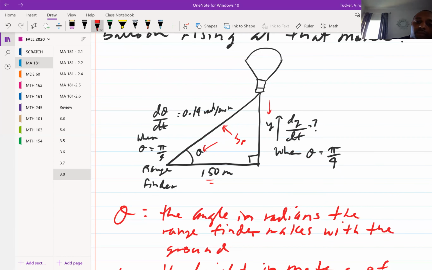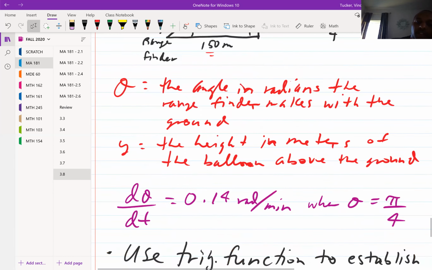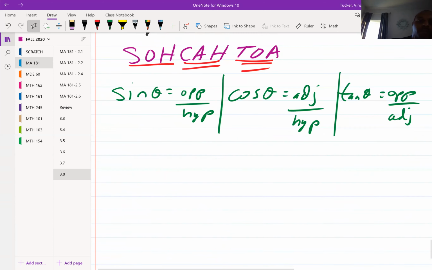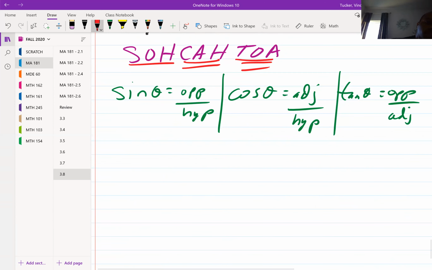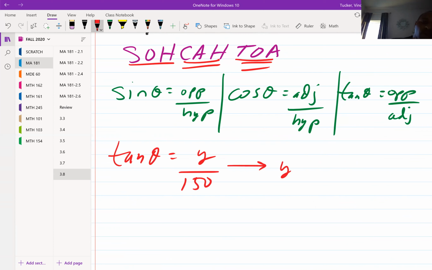So we're looking at opposite over adjacent, so that's going to be y over 150. So tangent of theta is going to be y over 150, which means if I solve for y, it's going to be equal to 150 tan theta.